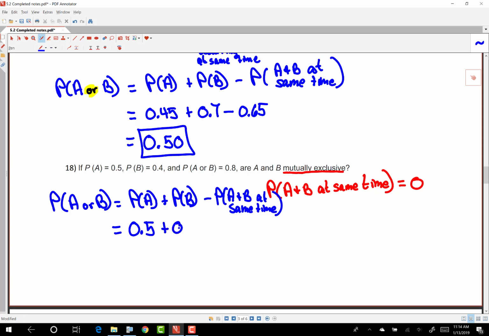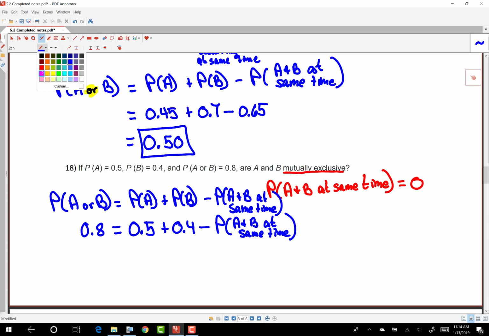Probability of B they gave us, it's 0.4. And the probability of A or B they gave us, that's 0.8. And that goes on this side. And we're going to subtract the probability of A and B at the same time. And basically we're just looking to see, does this equal 0? That's the question.